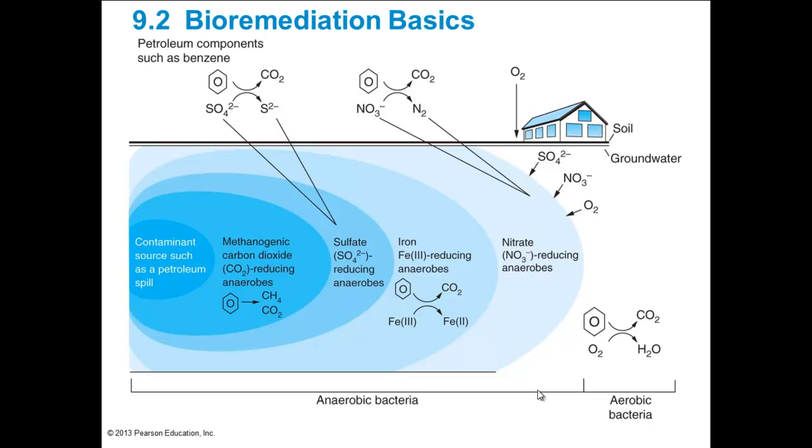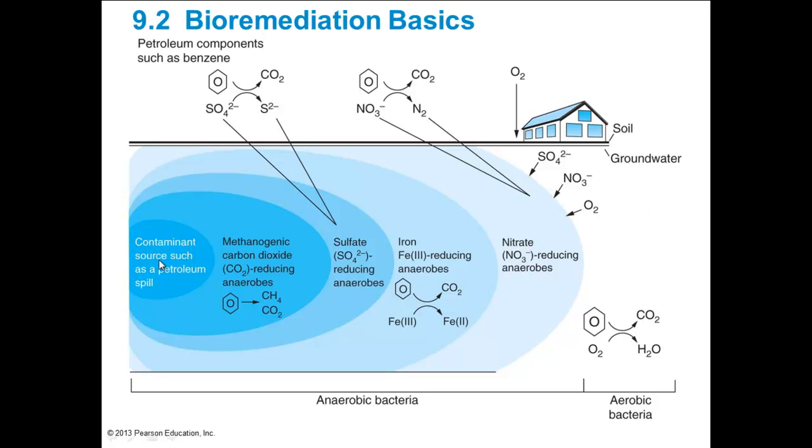To show the different zones, to start out with, there is oxygen in soil, and here is groundwater. Groundwater is just soil that is saturated with water. Outside of the contaminant degradation zone, the groundwater is basically aerobic.